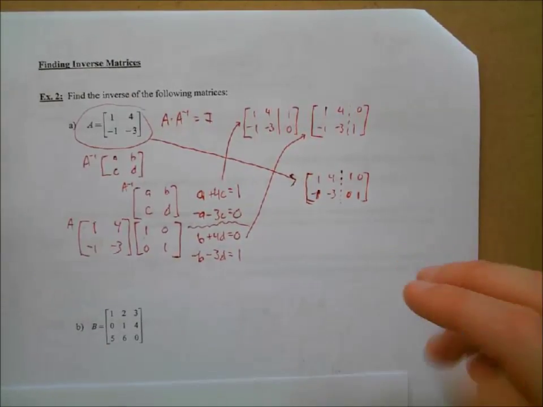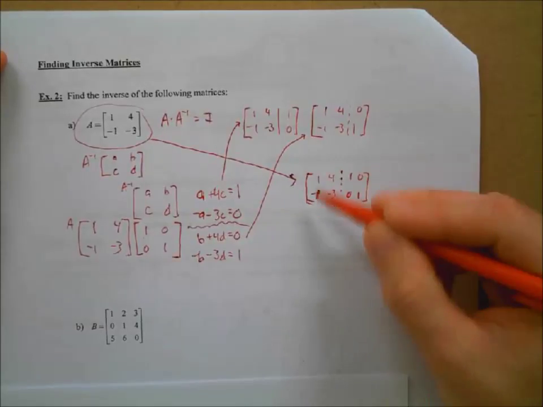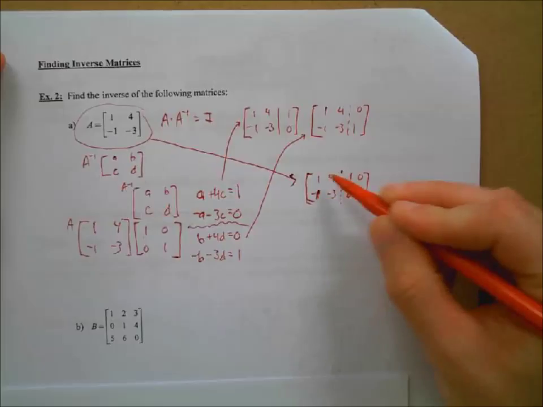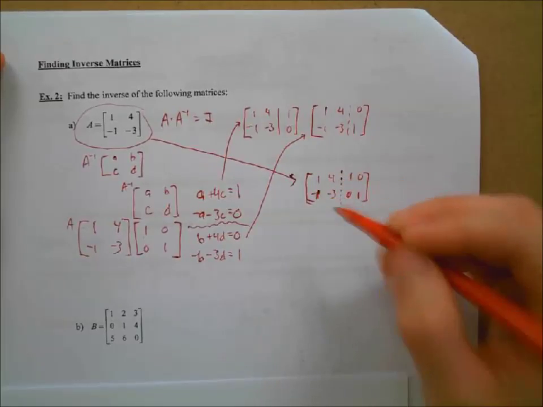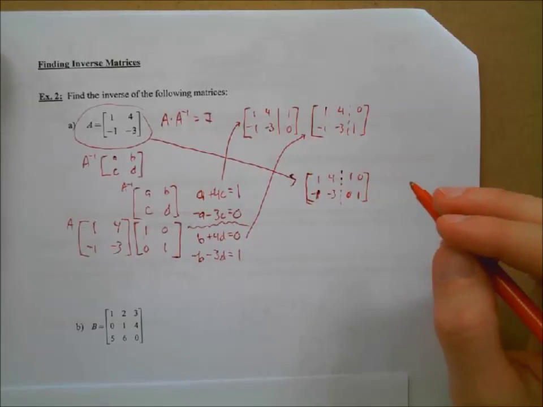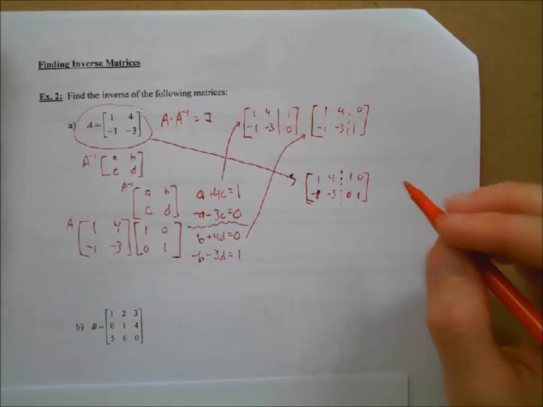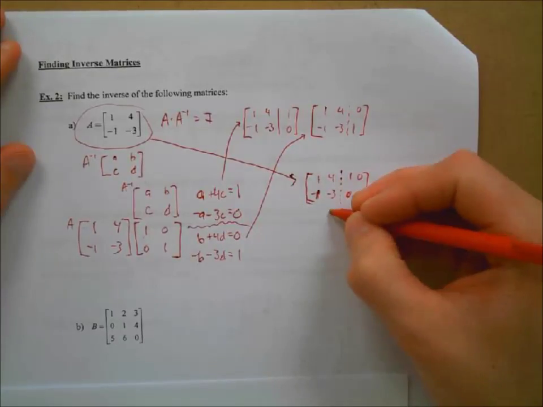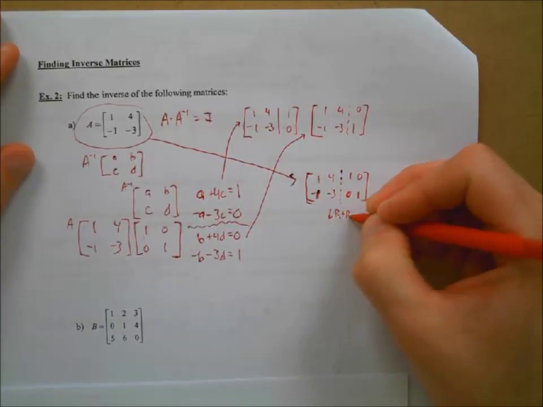Okay? So, we're going to now put this matrix into row-reduced echelon form. All right? So, what will we need to do that? We already have 1 in our upper left. So we'll add them together. I'll do row 1 plus row 2 into row 2 there, right?